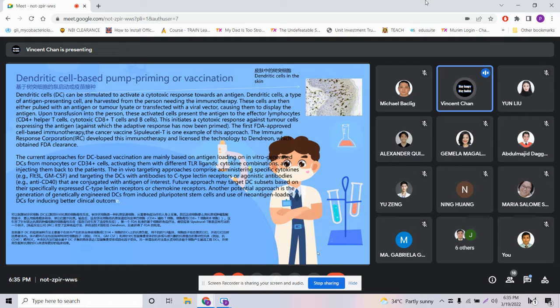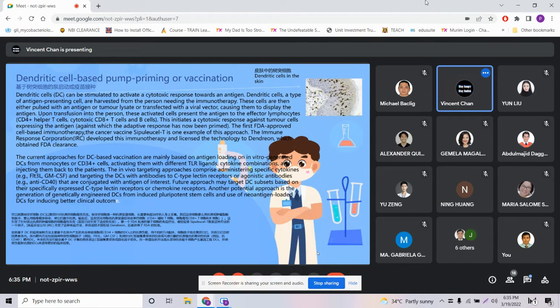The current approaches for DC-based vaccination are mainly based on antigen loading in vitro generated DCs from monocytes or CD34 plus cells, activating them with different TLR ligands and cytokine combinations and injecting them back to the patients.